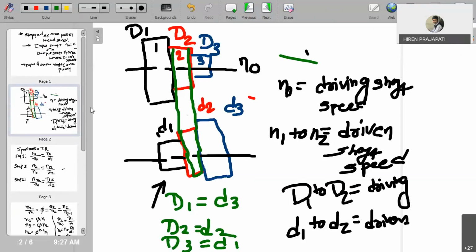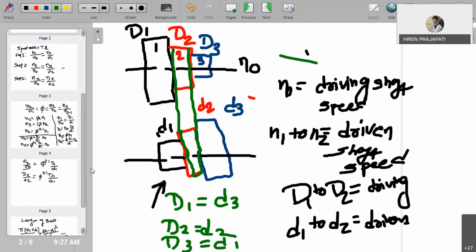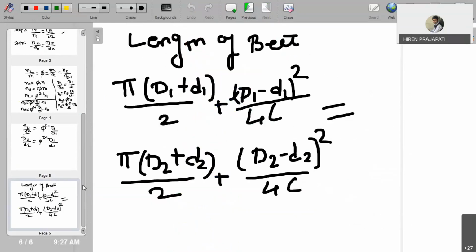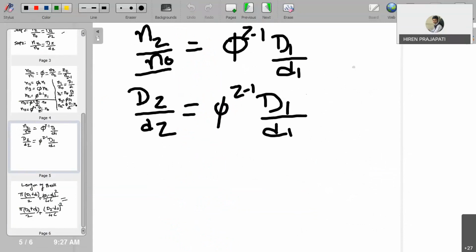So with that criteria, if we try to introduce the same here, then I should say dz is nothing but small d1. Similarly, this small dz, I can say capital D1.